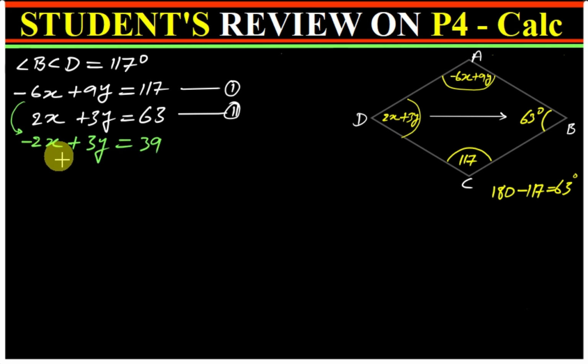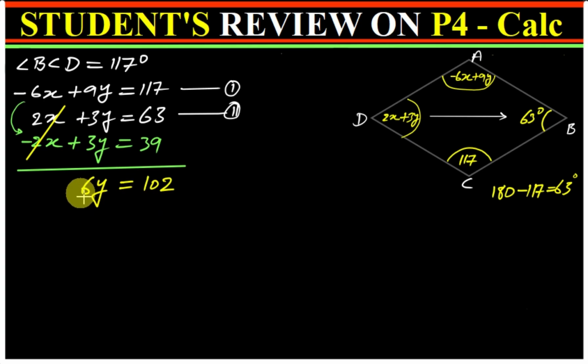Now we can use the elimination method to solve these two equations. You can see here the x coefficients are equal with opposite signs, so we can simply add these two equations. If I add them, the x terms will cancel, and here we'll get 3 plus 3, which becomes 6y, equal to 63 plus 39, which is 102.